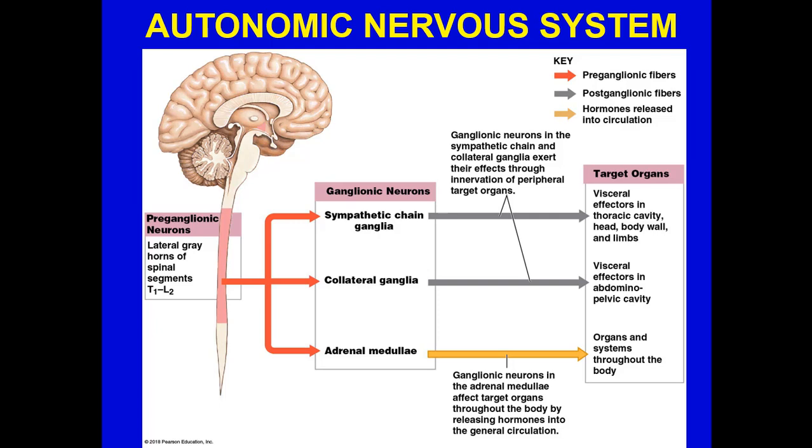Collateral ganglia, these are the ones that are going to have, in some cases, clusters of ganglia outside and a distance away from the spinal cord. So the preganglionic neurons travel further and farther until they reach these ganglia, and the postganglionic neurons will travel and affect the visceral effectors of the abdominal pelvic cavity. So that would be things like the digestive system, urinary system, etc. Now, there's an interesting quirk here I want you to be aware of.